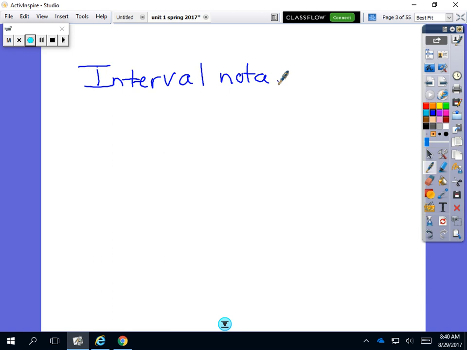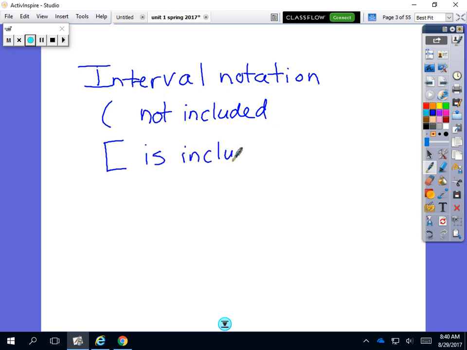When we write out the domain and range, we use either a round bracket, or parenthesis, or a square bracket. These intervals start at the lowest value and go to the highest value. So if the bracket is on the left-hand side, it means the lowest value either is not included in that interval, or that it is included in that interval.